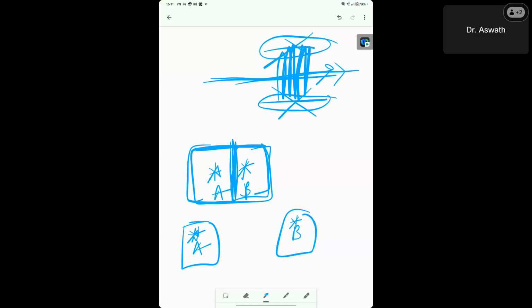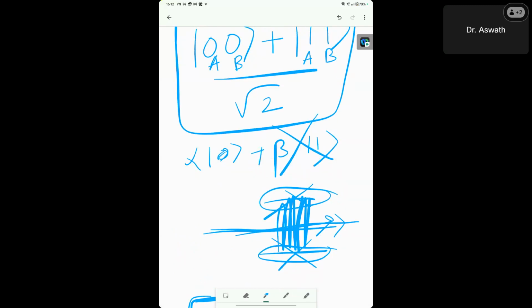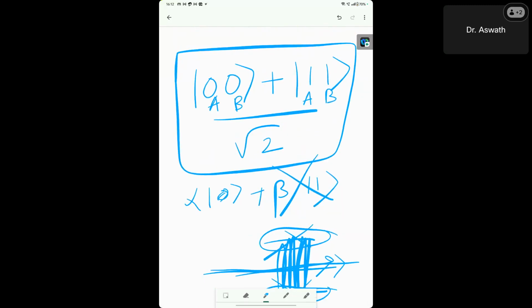Now you send atom B to some place, and atom A to another place. Let's say I have atom A with me, and if I make an observation on atom A, as we just saw, whenever I make an observation on one of the atoms, its quantumness is nullified or destroyed. It is going to fall into one of the states. Nullified means its probability amplitude is reduced to zero.